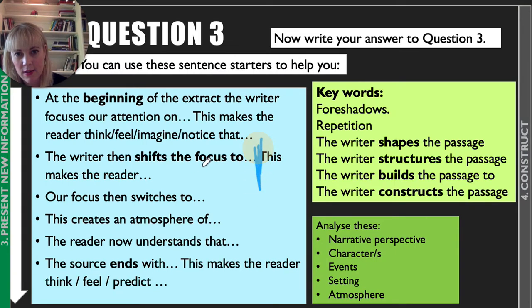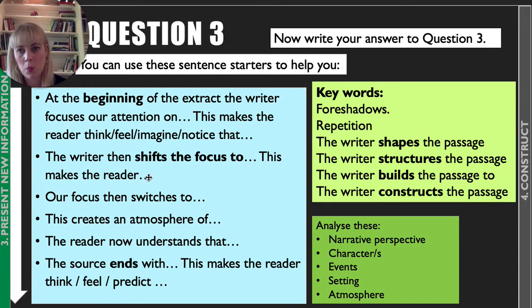Give me your quotes. The writer describes, so in my case, animal stench, and then the mechanical movement of this man. This makes the reader, and you're going to explain here what you think the purpose of that is. Answer that bit now before I offer you any advice.